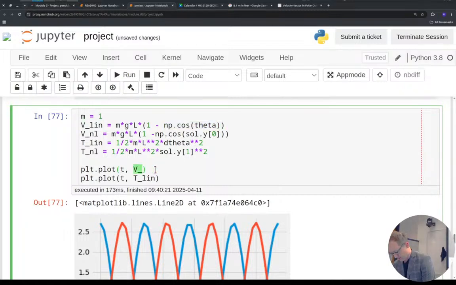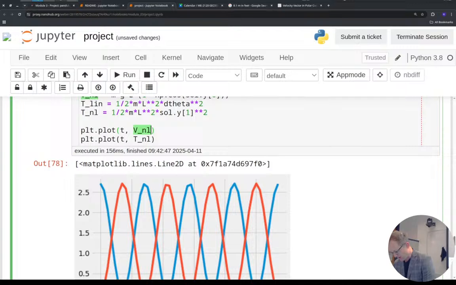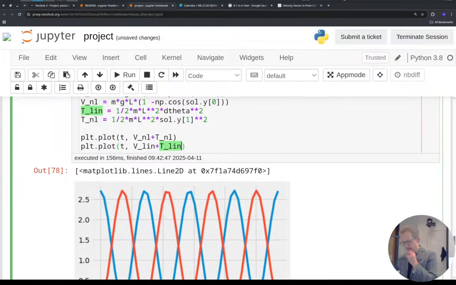And then for nonlinear, we should see the same thing. And sure enough, we do. At least it looks like the same thing. So then the fun part is: if I add kinetic and potential energy, what should I see at every step in time?